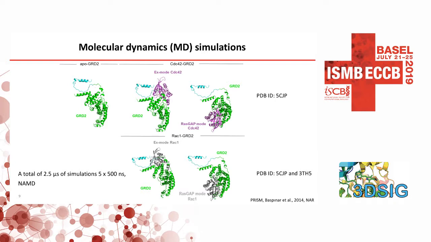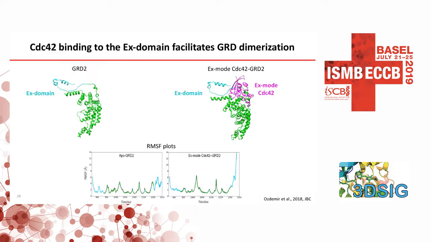For these 2 models, there is no crystal structure revealing the ROCK1 and GRD interactions, so I modeled these complexes using the PRISM web server. I predicted the interaction and complex between ROCK1 and GRD2. So I simulated the 5 complexes for 500 nanoseconds.